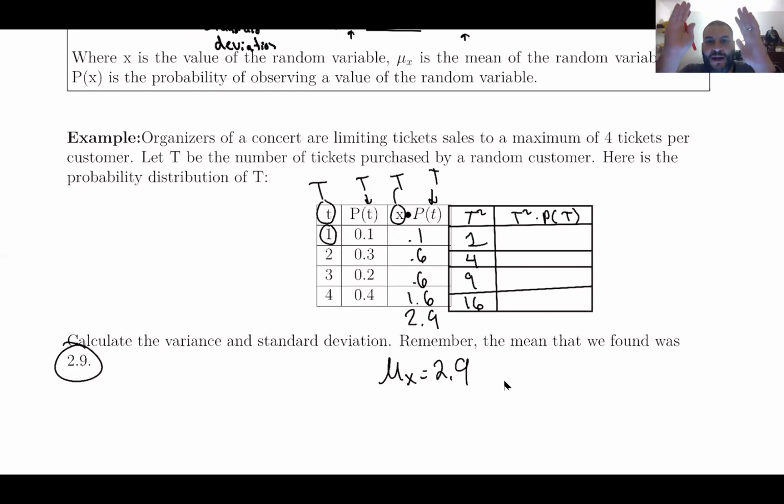So now what we want to do, we want to get t squared, and we want to multiply it by p of t. So let's do a different thing. So we go 1 times p of t, which is 0.1, which you get 0.1. Now you get 4 times p of t, which is 0.3, and you get 1.2.